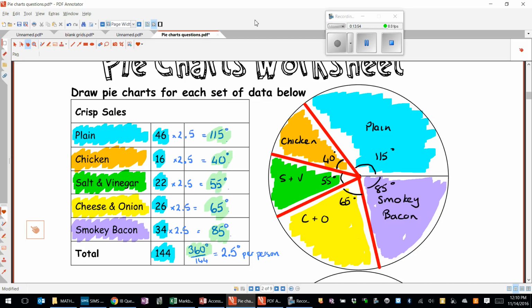You can either just write the words in, or you can do the colour stuff, as long as it's labelled. Because, as you are now aware, a chart without a label, without a title, is not a chart. It's not useful. Okay. Any questions on this?